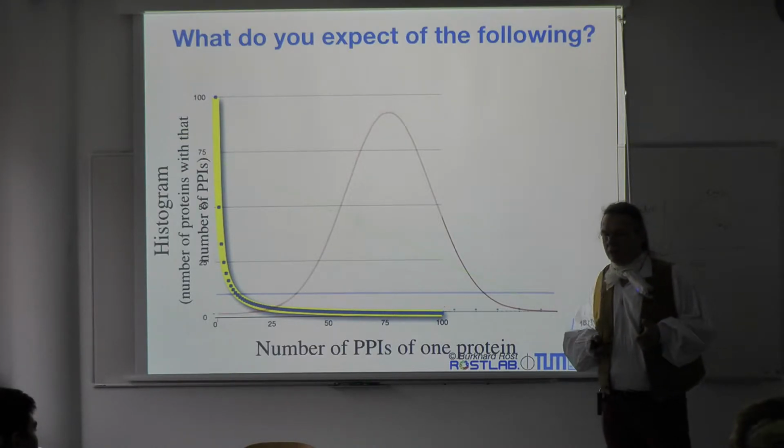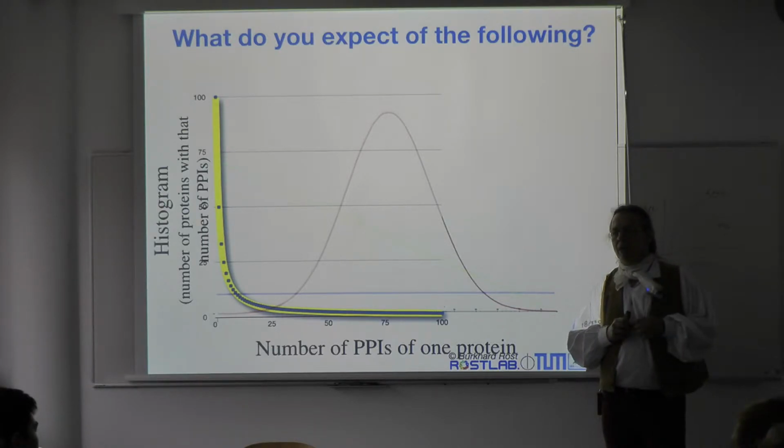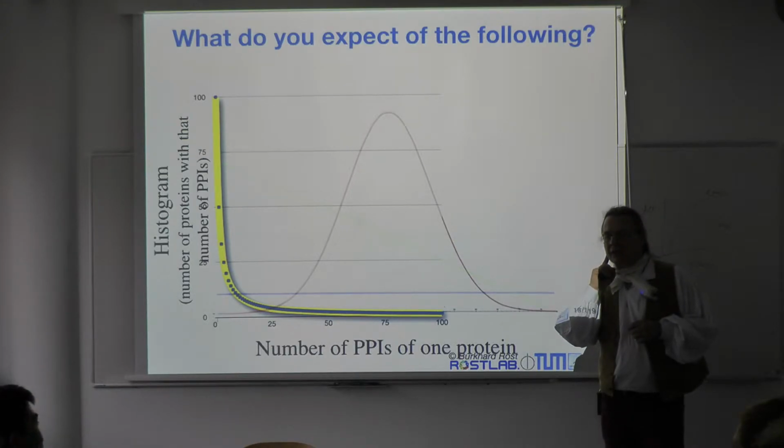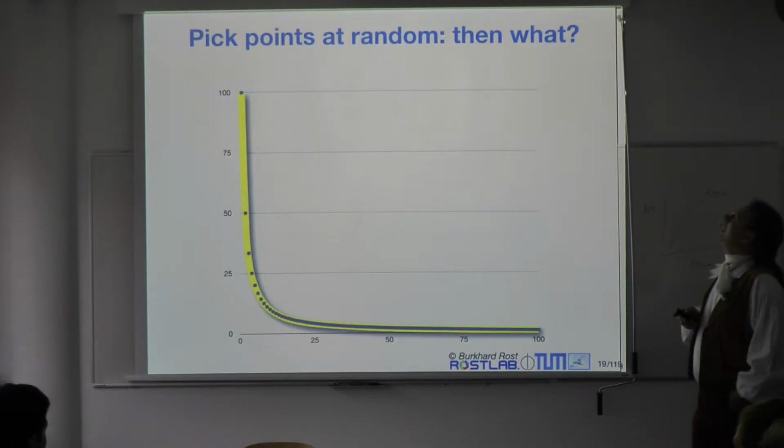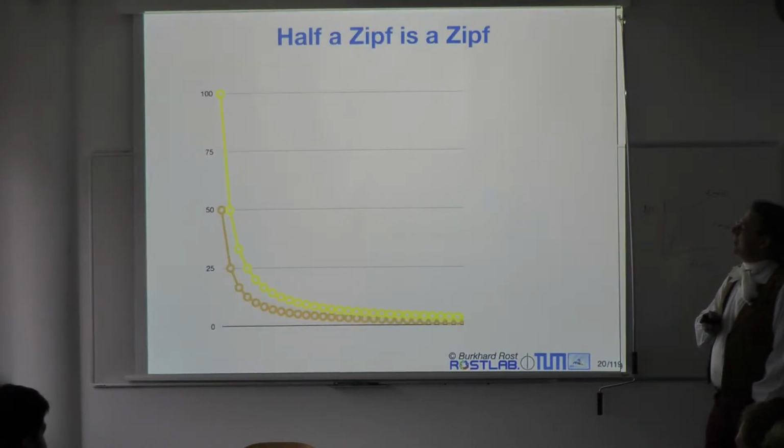Brings us to the next question. What do you expect a random subset of a Zipf to be? Another exponential and another Zipf distribution. Right? So the random subset of a Zipf is a Zipf. Does everybody feel that this is true? Yes, it is.